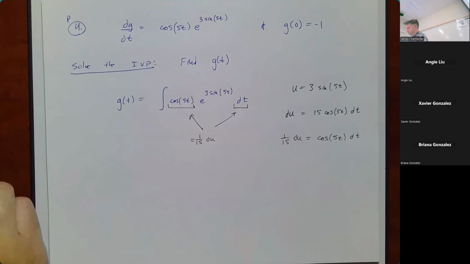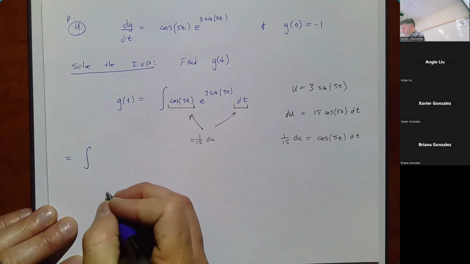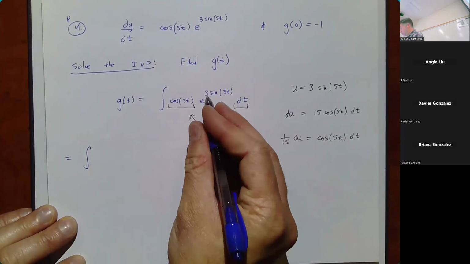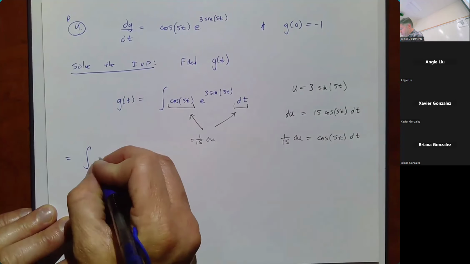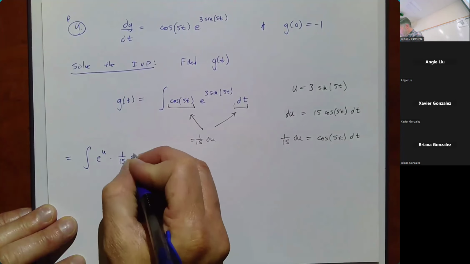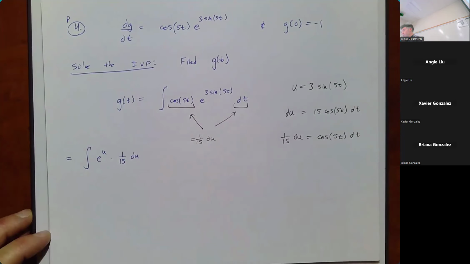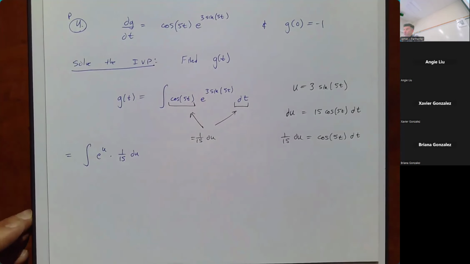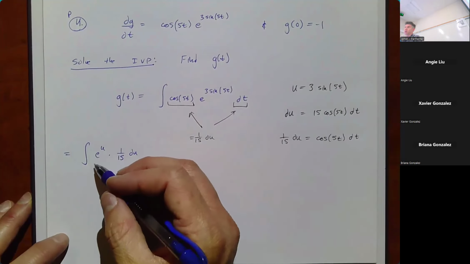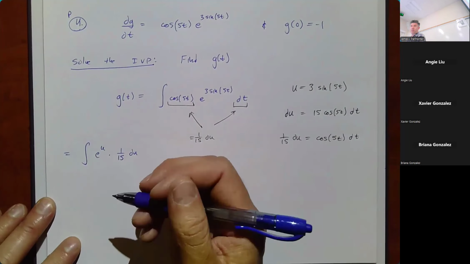So when I rewrite this, I'm going to end up getting the integral of e to the u times 1/15 du. Yes, I would put the 1/15 on this one. You could have made a slightly different choice that would also have been perfectly fine. You could have let u equal just sine of 5t, and then you'd be integrating e to the 3u, which is straightforward. You don't need to do another u sub for that. You just end up dividing by 3.